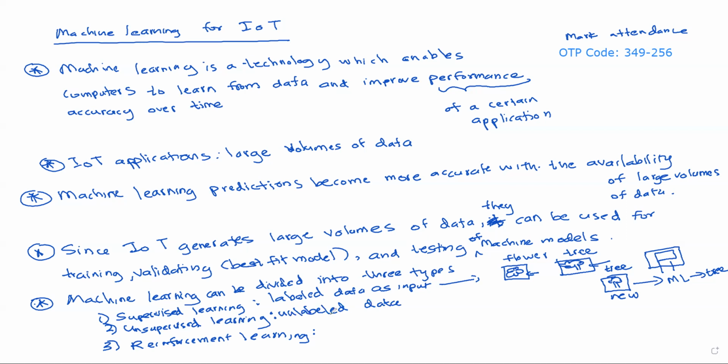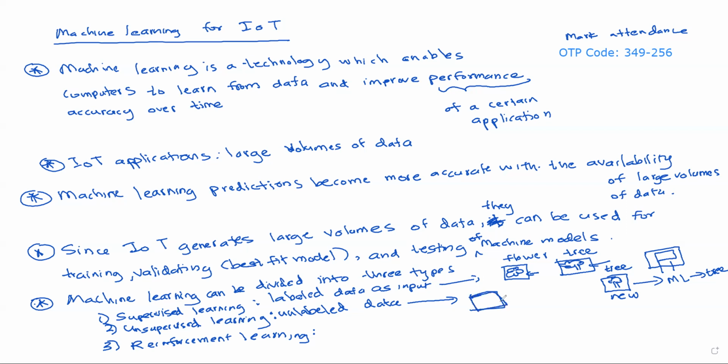So if we have unlabeled data, we have data where we do not know what it means.